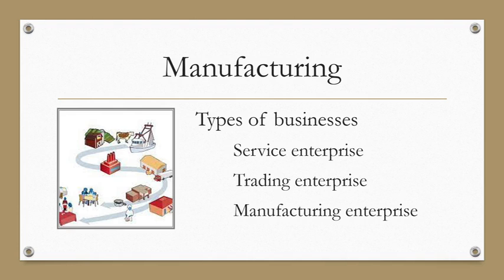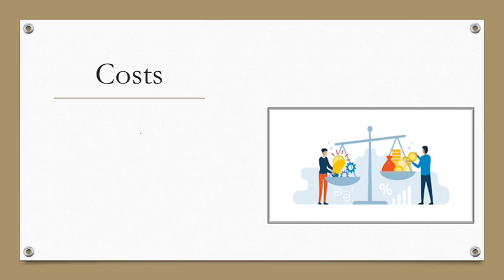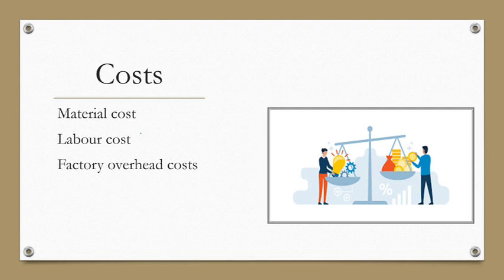We must first make the product and then we sell it. So we must calculate the cost of production, and then we can add our profit and then we sell it. So this is the whole purpose of these accounts, in order to calculate the cost of production. The costs involved in production will be your material cost, your labor cost, we have the factory overhead costs, we have the admin costs, and also sales and distribution cost.